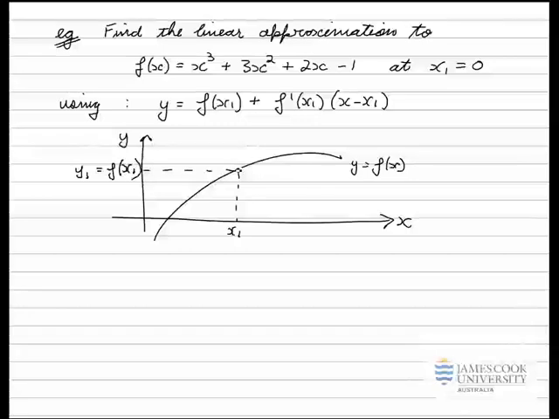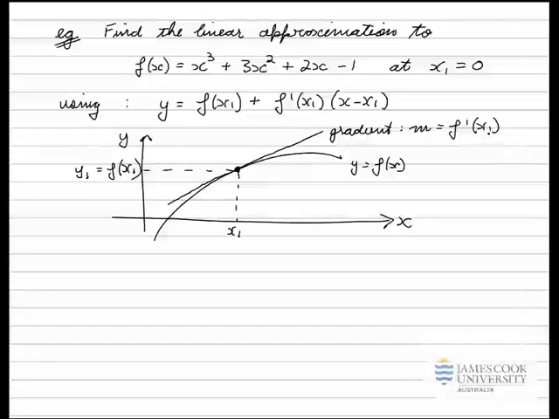The tangent at this point would be the straight line that touches the function at that one point x1, and continues on. So it is the equation of this tangent that I want. I know that the slope or the gradient of that tangent, which I can label m, is equal to the derivative of the function evaluated at x1.